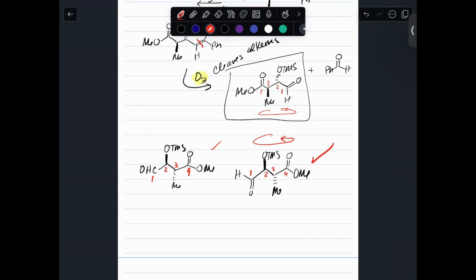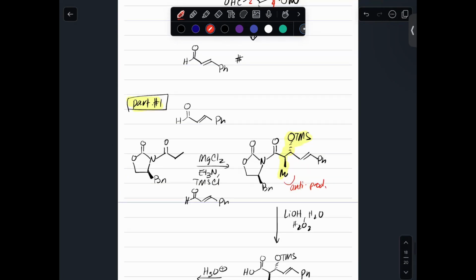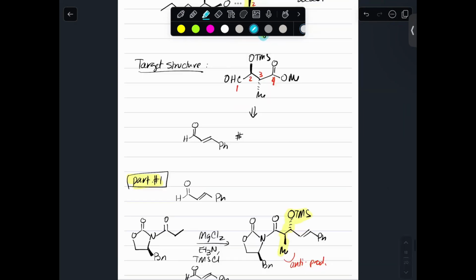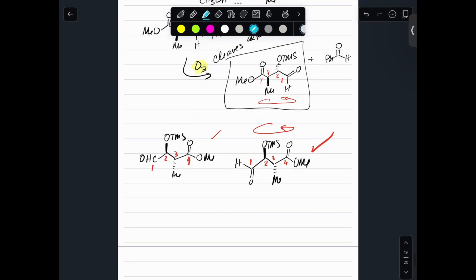And so they were able to synthesize part of their molecule using Evans anti-aldol chemistry. Again, it's really clever because they didn't start with the five-membered ring lactone. They synthesized the five-membered ring lactone that's present in the natural product. This is your five-membered ring lactone. After they constructed this anti-aldol product, which is pretty cool.